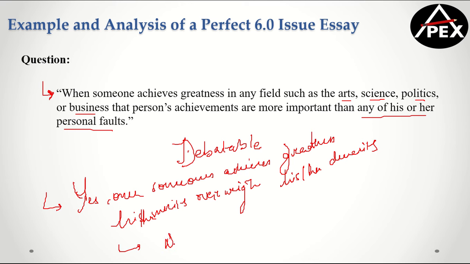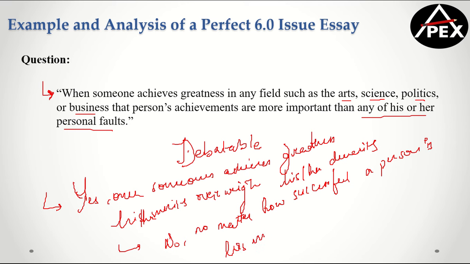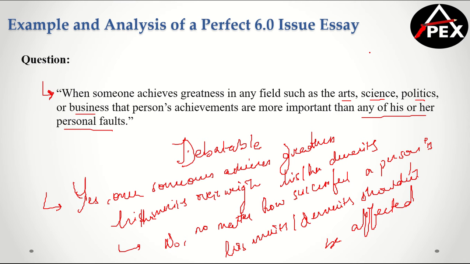Alternatively, you could also say no, no matter how successful a person is, his merits or demerits shouldn't be affected, right? So these are the two ways in which you can proceed in this regard. All right. Now let's look at what an answer could be.